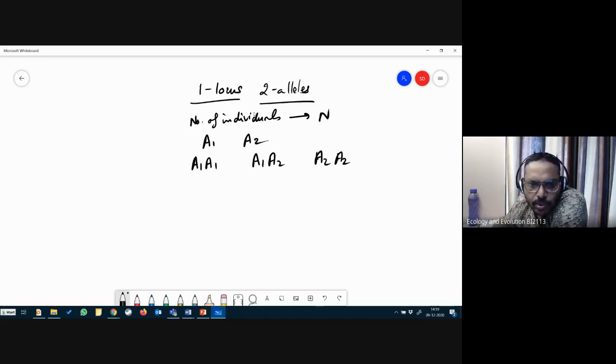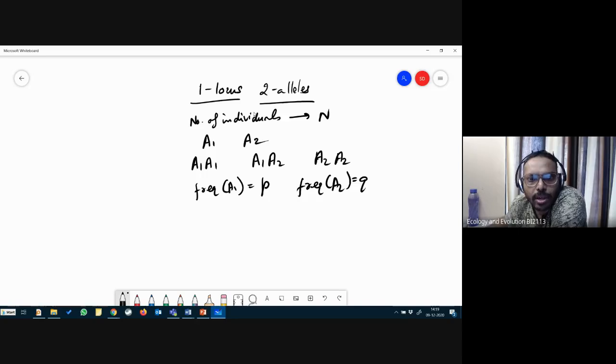Let's further assume that the frequency of A1 is equal to p, and let's also assume that the frequency of A2 is equal to q.